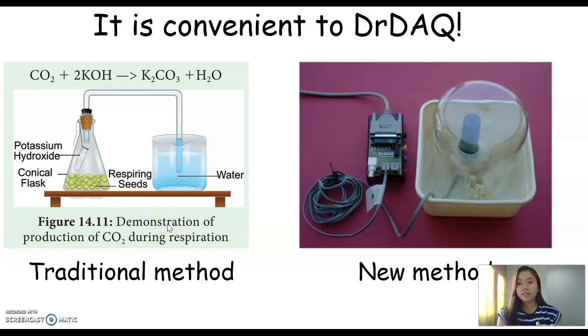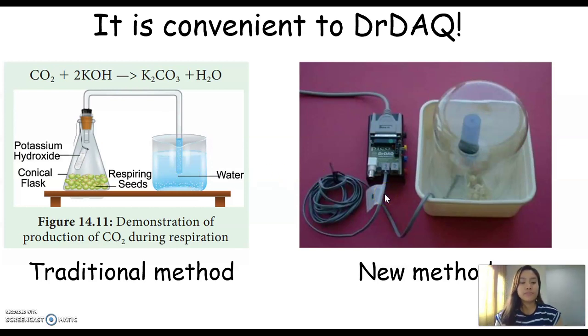In the traditional method, students or the one who conducted the experiment has to observe and count the number of air bubbles produced throughout the experiment to indicate the level of carbon dioxide or oxygen that is being investigated in the experiment.